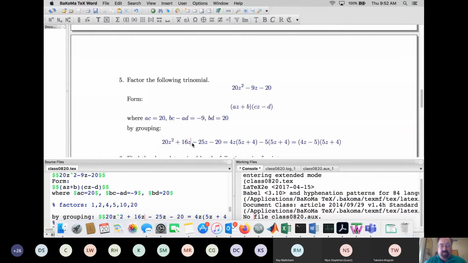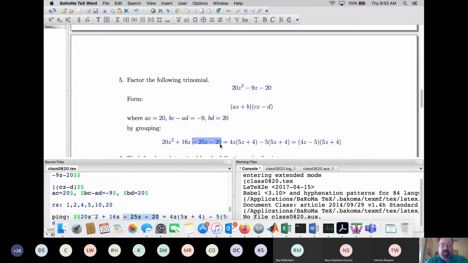So this comes about from factoring the first two terms. Now if I move to the last two terms, what's a common factor here? There's no common factor involving z because we don't have a z in this term. Here, 25 and 20 share a common factor of 5, so I'll pull out a minus 5. And what's left? The same thing, 5z plus 4.